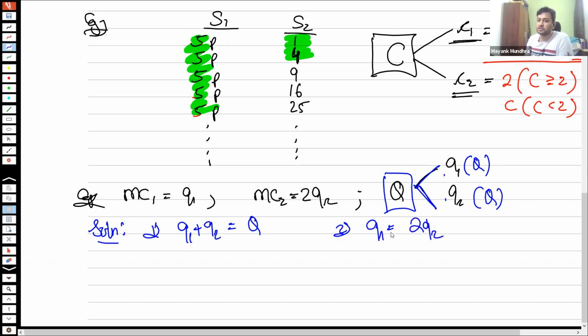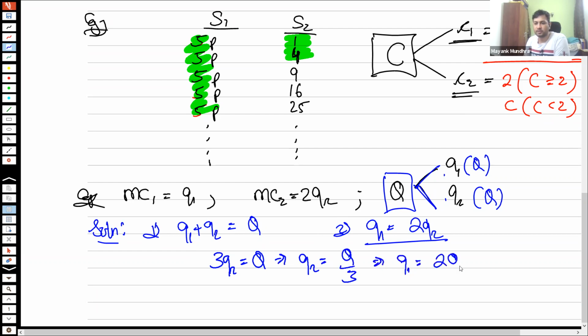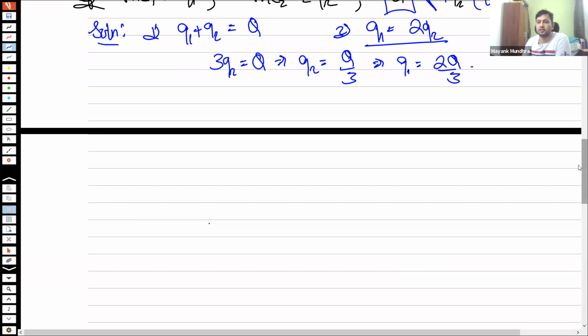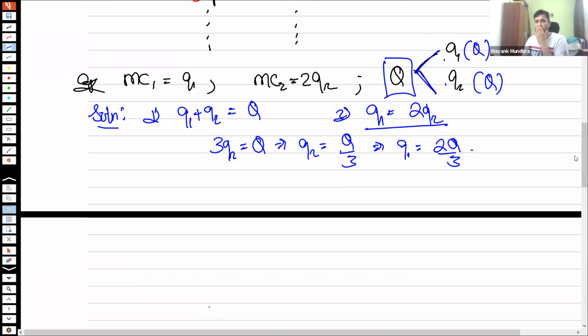If I use these two equations, I can find Q1 and Q2. Substituting, I get 3Q2 equals Q, which implies Q2 equals capital Q by 3, which implies Q1 equals 2 capital Q by 3. So that's your complete production distribution between plants.